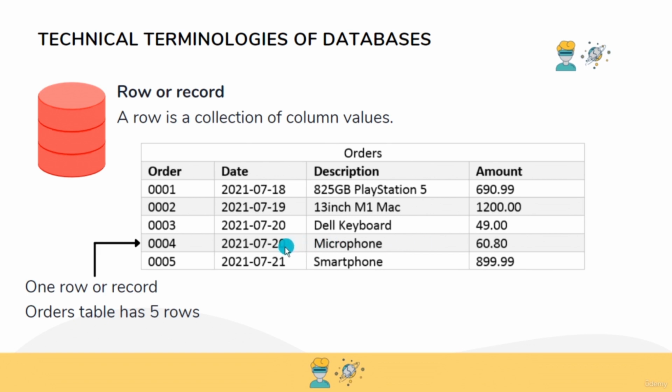So when we talk about the record, we are referring to all this data at once, the collection of column values. Our orders table has 5 rows, and how many columns? 4 columns, which are the order column, the date, the description, and the amount column.